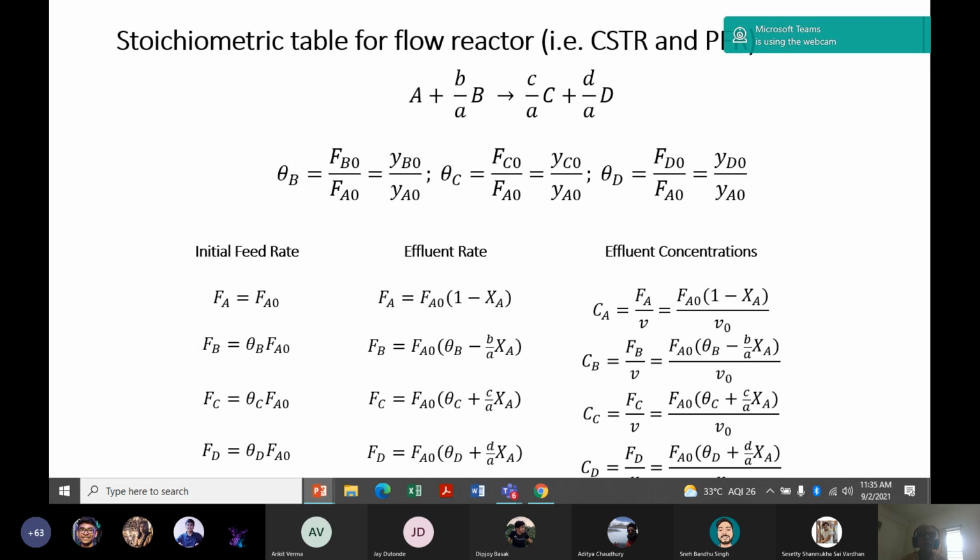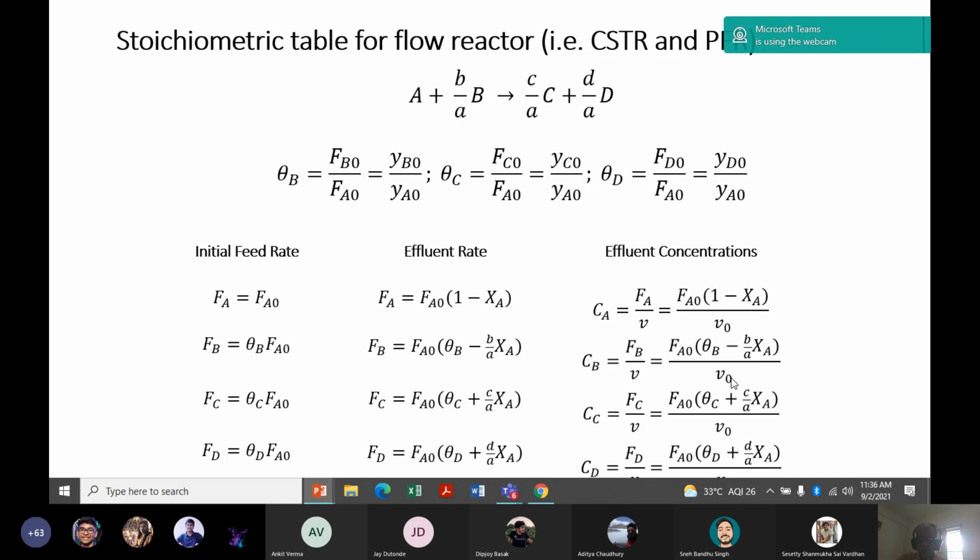Then how can you write the general expression for concentration? We can write any concentration Ci, for the ith species, equal to FA0 times (theta i minus i by A times XA) divided by V0. V0 here is the total volumetric flow rate.